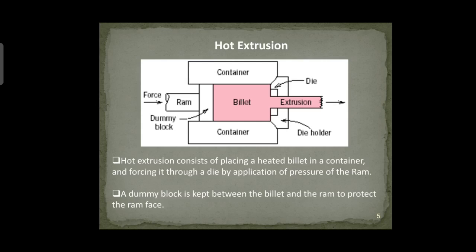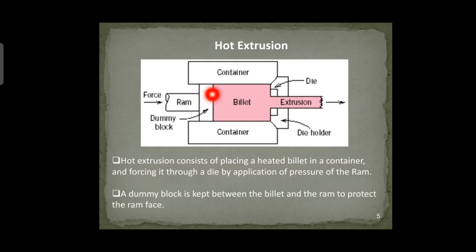And one more thing here, you can observe one element, that is a dummy block. Along with the ram, a dummy block is provided for protection purposes. Why? Because these billets are very hot. Whenever the billet makes direct contact with the ram, there is a chance the material may get damaged or eroded.